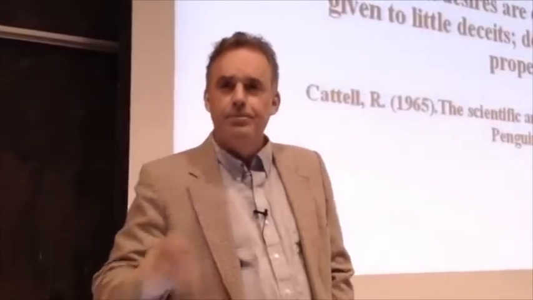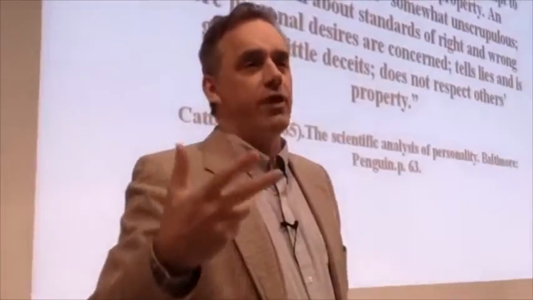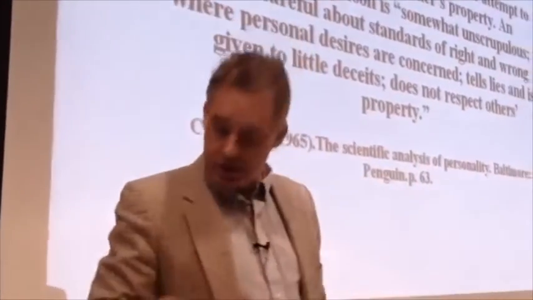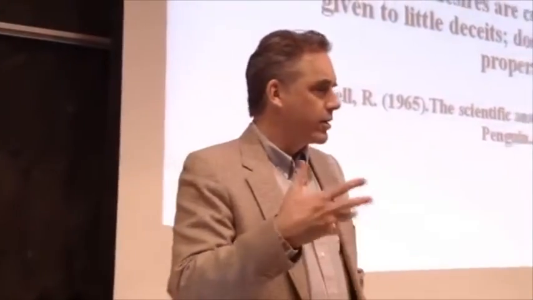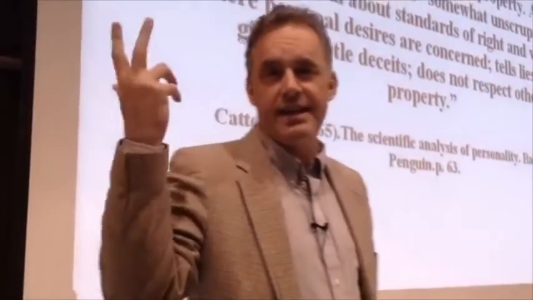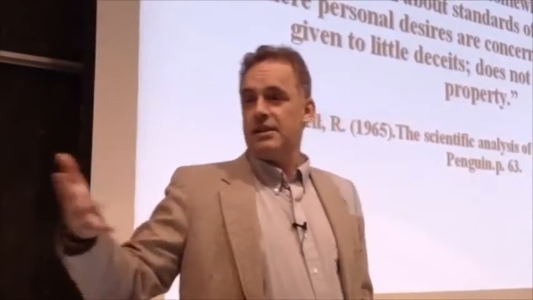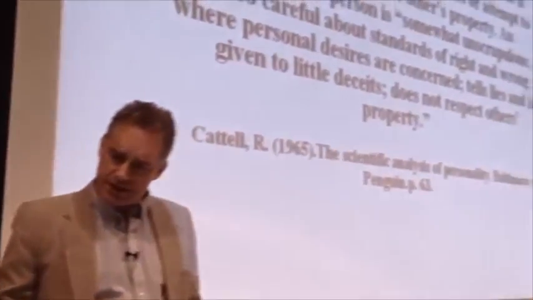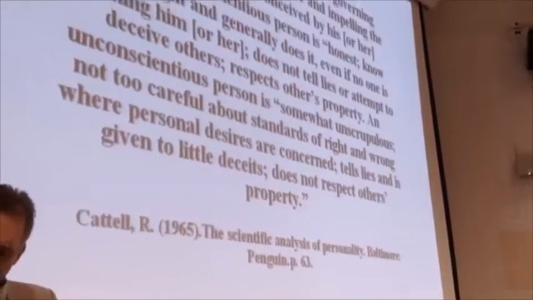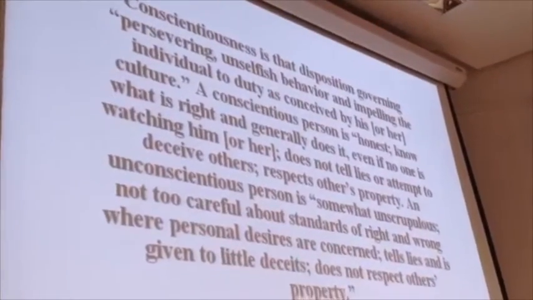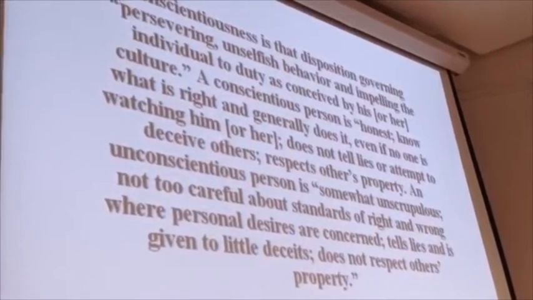Now, if you're trying to get at how to measure fun, the first thing you have to do is define it, and that's what we were trying to do when we were collecting up all these words. I'll show you how Cattell, in 1965, characterized conscientiousness. So he says, well, this thing exists, and in its existence it manifests these characteristics. Conscientiousness is that disposition governing persevering unselfish behavior and impelling the individual to duty as conceived by his or her culture.